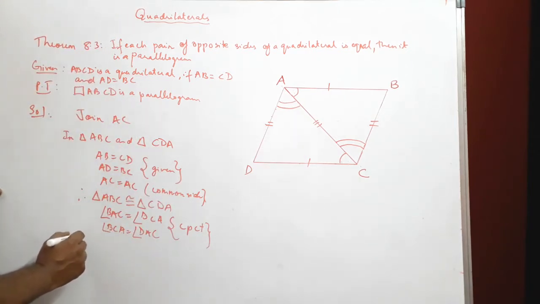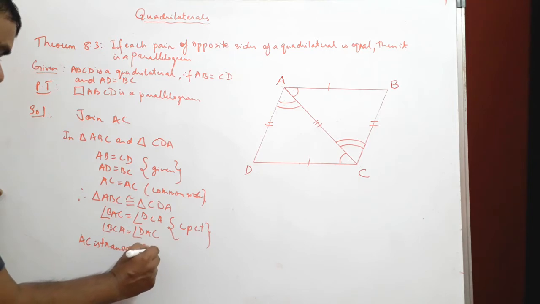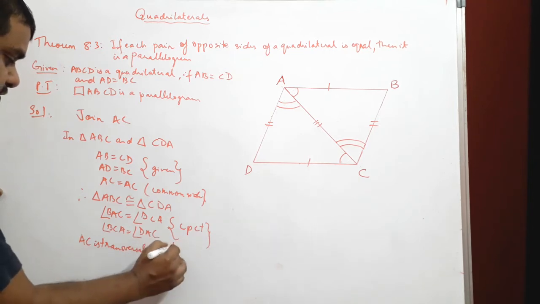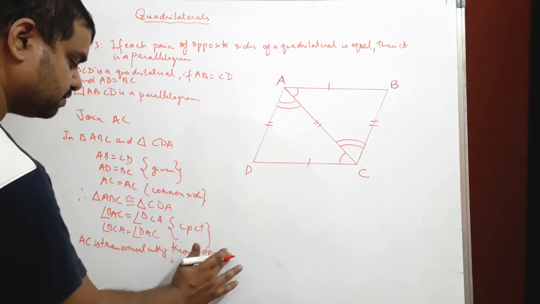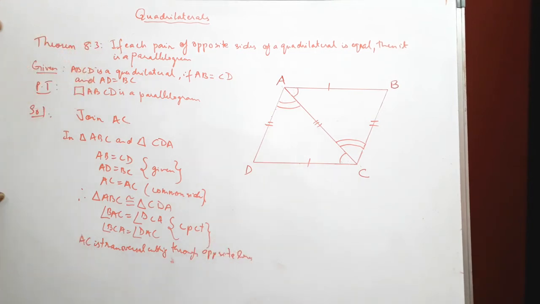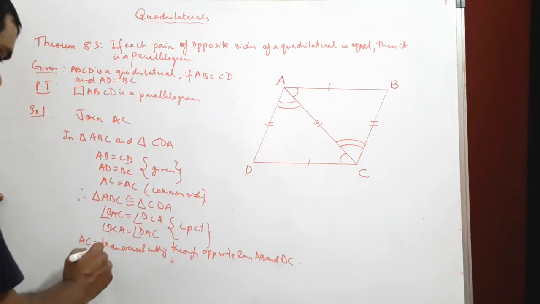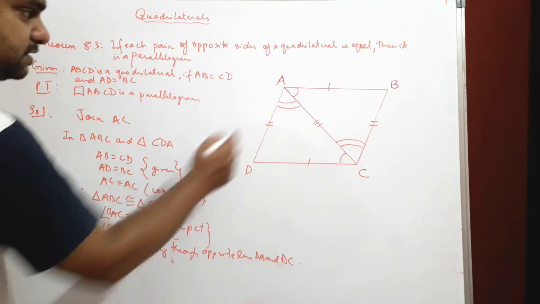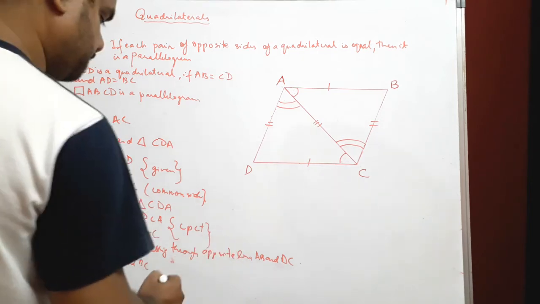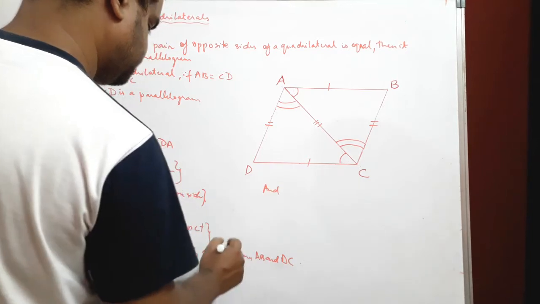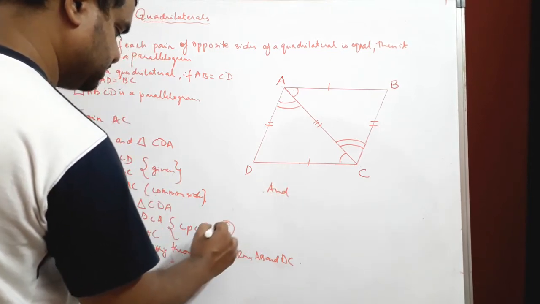So we can say AC is a transversal cutting through opposite lines AB and DC, and even for AD and BC, and we mark this as 1.